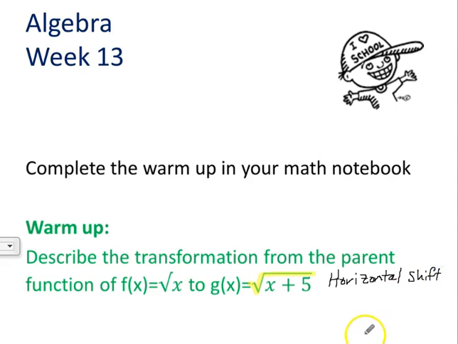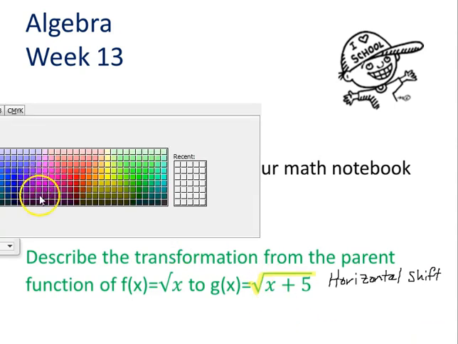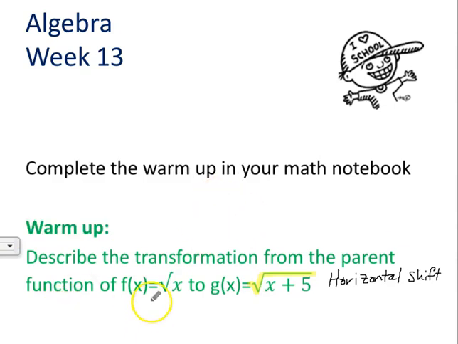But in what direction are we going? Are we going left or are we going right? So what I'm going to do is remind you of the general equation that we use to help us decide what type of transformation occurs. Is it up, down, left, or right?